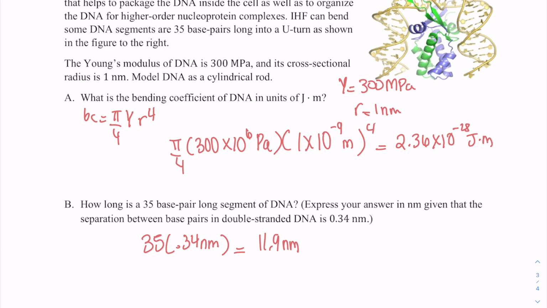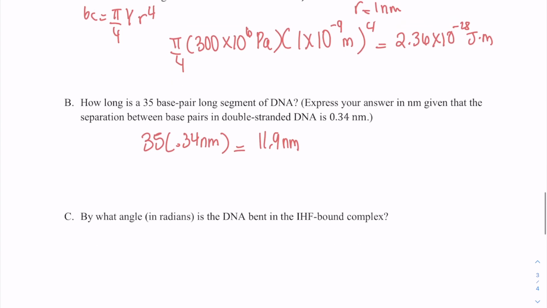Let's see here. So for C, it's saying what angle is the DNA bent in the IHF bound complex. Do you have another question, Jonathan? My bad. That was it. Okay, cool.